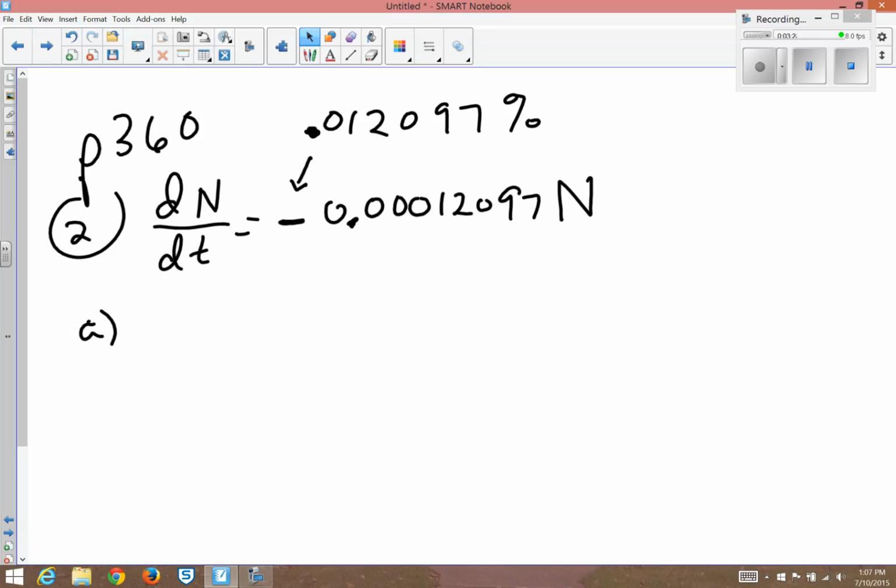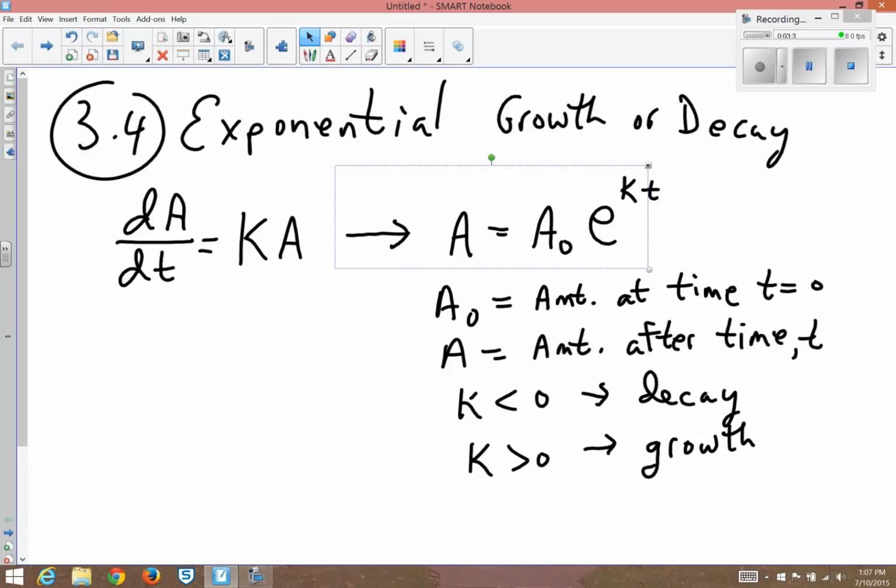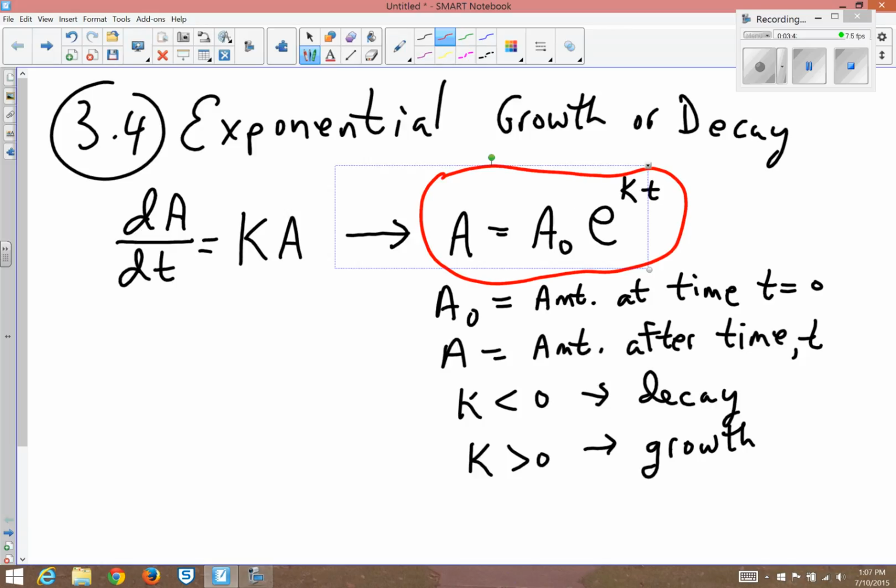Part A: let N sub 0 represent the amount of carbon-14 present at t equals 0. Find the exponential function that models the situation. Well, that's going to be exactly what's over here, except we're using the letter N instead of the letter A. And the k is the number that's given in the problem.